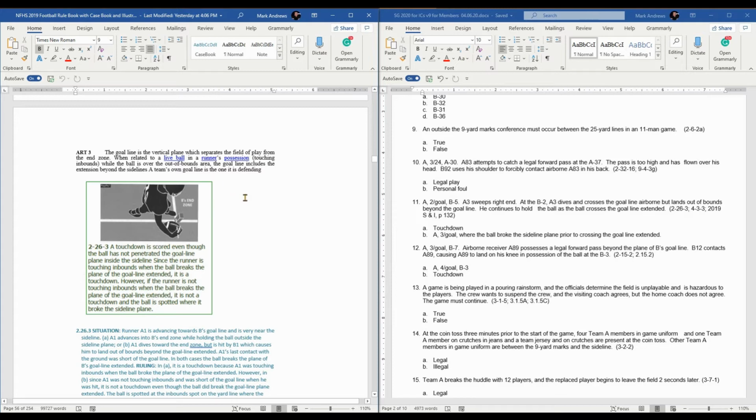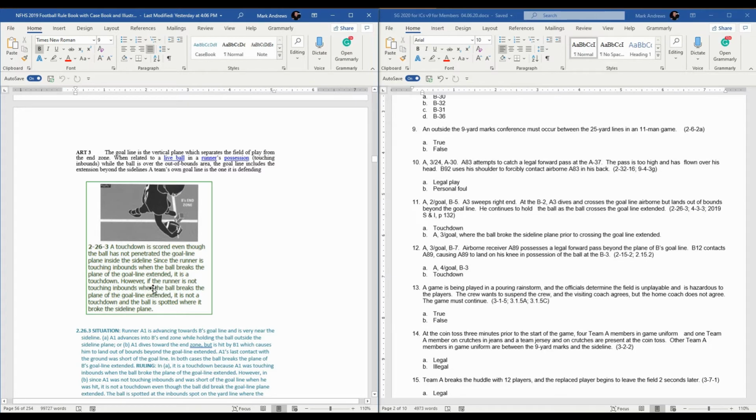Now, in this question, he is not touching the ground. So let's read this. A touchdown is scored even though the ball has not penetrated the goal line inside the sideline. Since the runner is touching inbounds when the ball breaks the plane of the goal line extended, it is a touchdown. However, if the runner is not touching inbounds when the ball breaks the plane of the goal line extended, it's not a touchdown, and the ball is spotted where it broke the sideline plane.